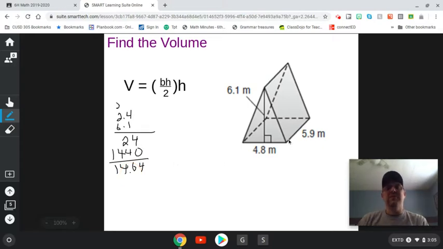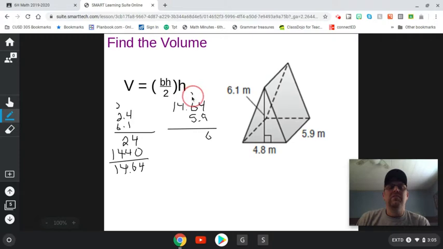And we're going to take that times the height of the prism, which is 5 and 9 tenths. We have 14 and 64 hundredths times 5 and 9 tenths. Okay, so we take 4 times 9 is 36.